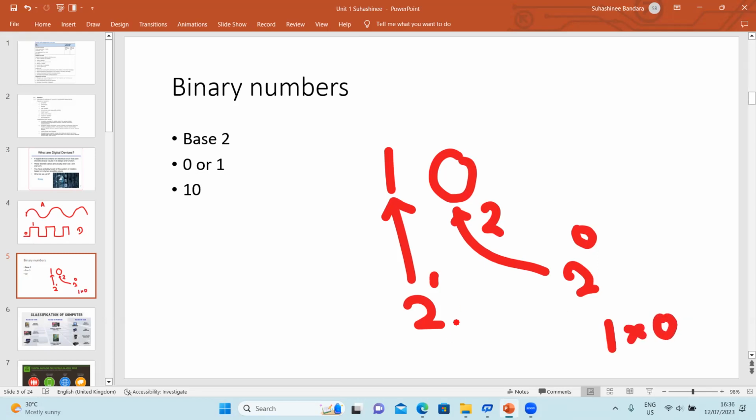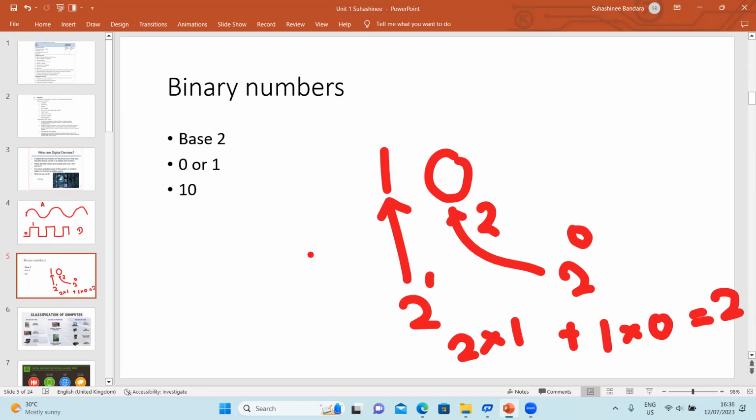And for this one, 2 to the power 1 is 2. 2 multiplied by 1, then the value is 2. After that we add both. So the final answer will be 2. This 2 we can represent in decimal. So 1, 0 binary is equal to decimal 2.